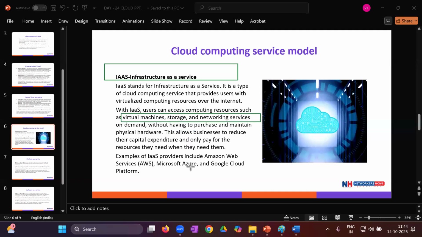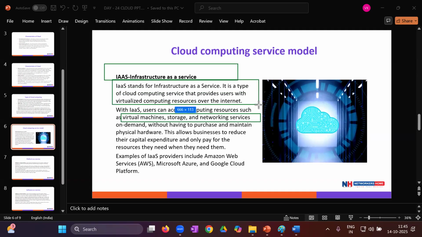Instead of having a physical router, if I'm having a virtual machine of a router, then it is infrastructure. Whenever it provides you any infrastructure, it is called infrastructure as a service. IaaS stands for infrastructure as a service.